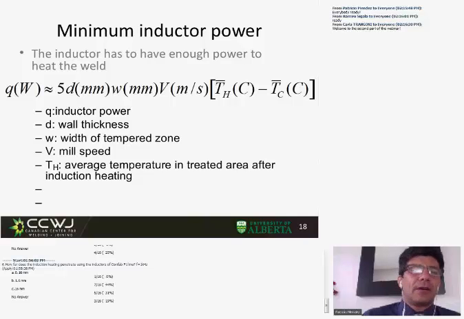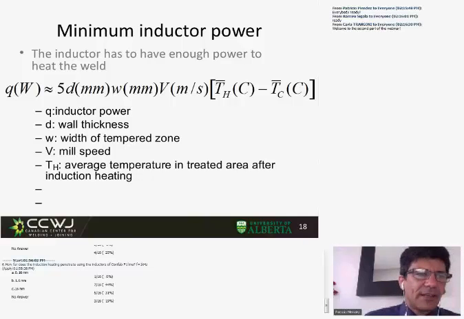Now, an important question is, what is the minimum inductor power, right? Or what power should we give to our inductor? So we discussed in the class a way of calculating this. The slides that you had in the class are a lot more clear than this one, but we'll make sense out of this anyway.